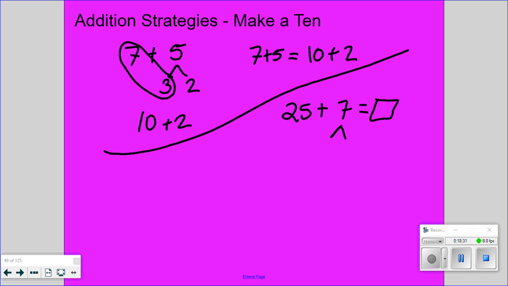How many numbers is 25 from 30? How many more numbers do I need to get there? Remember? 5. I need 5 numbers to get from 25 to 30, because 30 is my goal number. That's easy peasy for me.